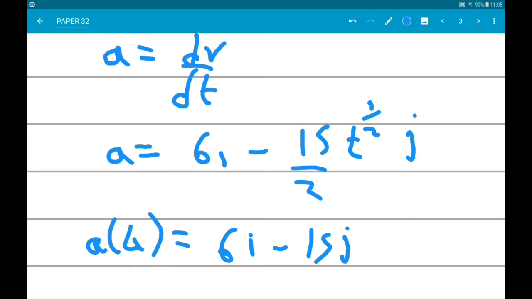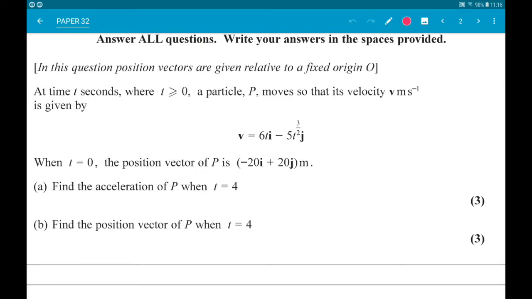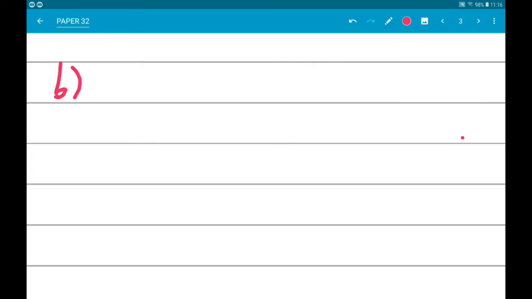Okay, and then part B, find the position vector of P when t is 4. Alright. So, it's important to remember with this one, P does not start at the origin. P starts at minus 20i add 20j.